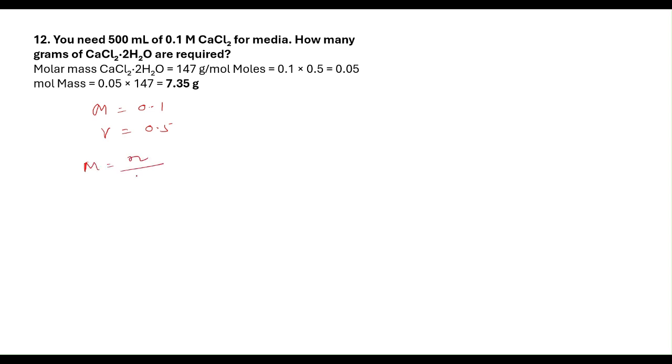Number of moles is molarity into volume in liter. So we will have 0.1 multiplied by 0.5, that will be 0.05. This will be the number of moles. And if you multiply this by 147 molar mass, we'll get the value 7.35.